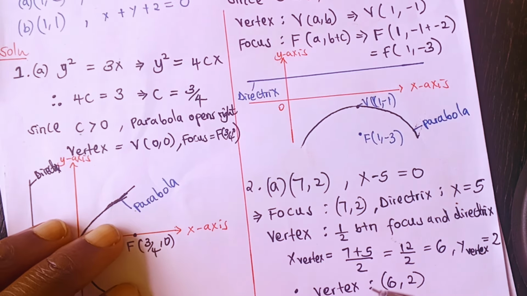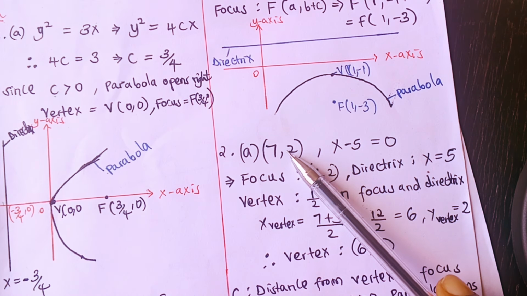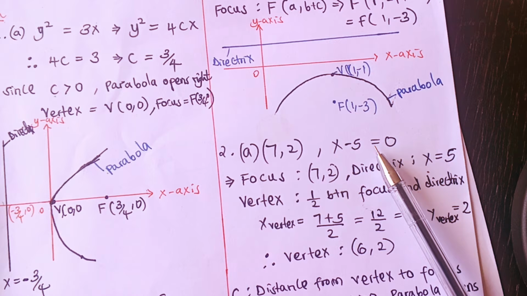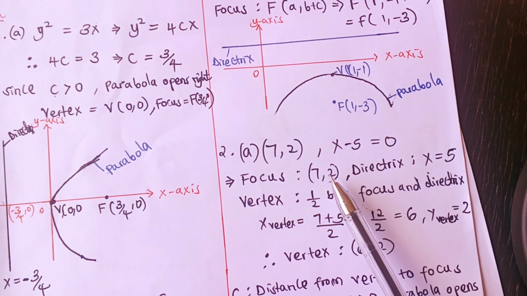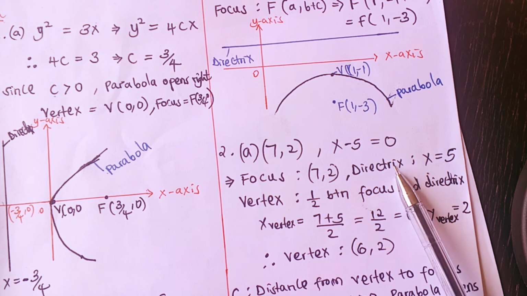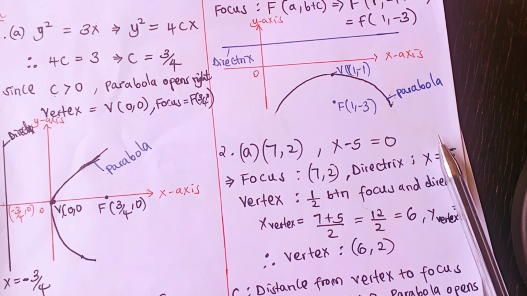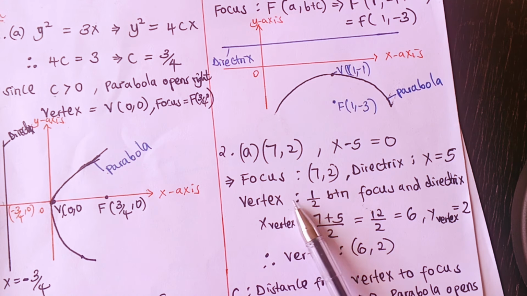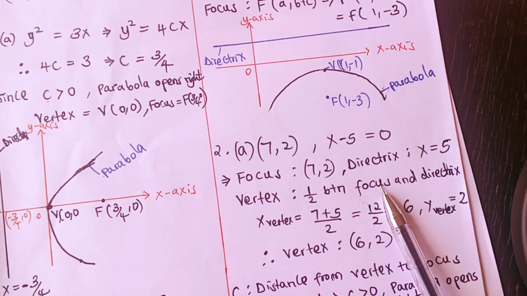Let's start by solving 2a. These are the points, and this is the equation of the directrix. The focus is (7, 2), and the directrix is x minus 5 equals 0; moving it to the other side, it will be positive 5, so x is equal to 5. The vertex is always halfway between the focus and the directrix.